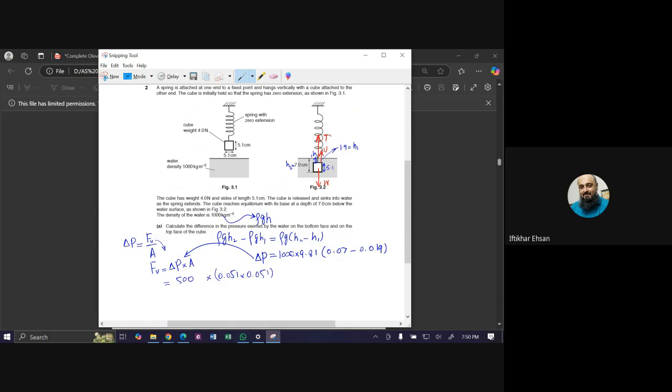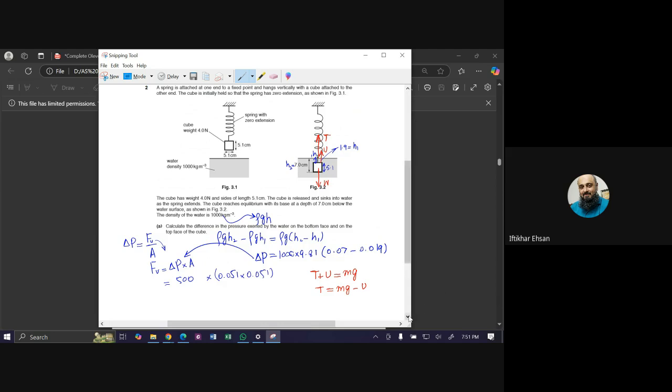We have to find this tension. So what will be the formula? When an object is in equilibrium, it means the total upward force will be equal to the total downward force, weight mg. As we need to find the tension, for that tension, the upthrust adding will subtract on the other side.